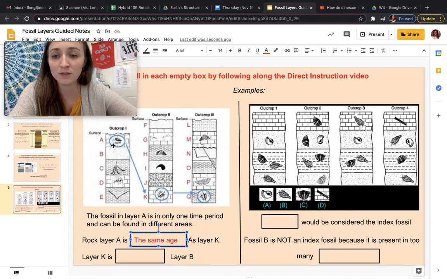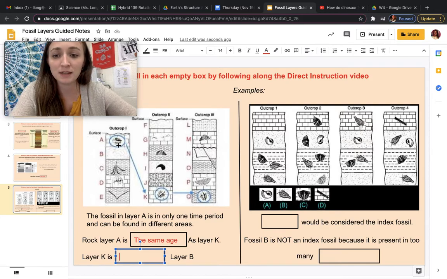We know the age of this one, and it is above, it's closer to the surface of the Earth than layer B. So we know that layer K, let me back up, I said that a little quickly. We know that layer A and layer K are the same age, right? We just talked about that. So whatever the age of layer K is, like we said, 10 million years old, layer A is also 10 million years old.